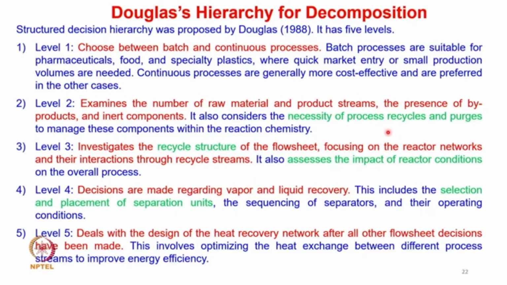For instance, if the feed is not pure, we might require a purge, or if the conversion is not high, we might require the recycle of the raw material. Based on the reaction chemistry, these decisions have to be taken by analyzing the raw material and product streams.